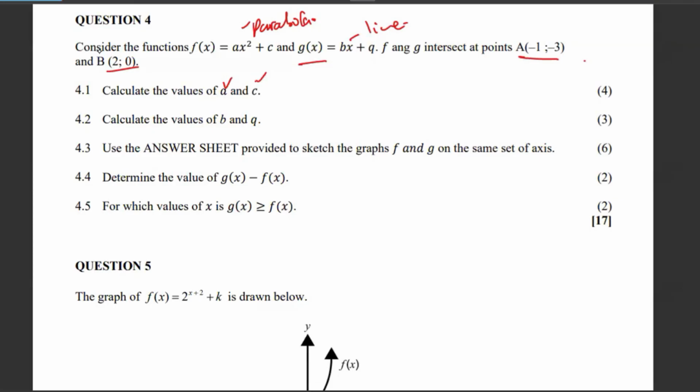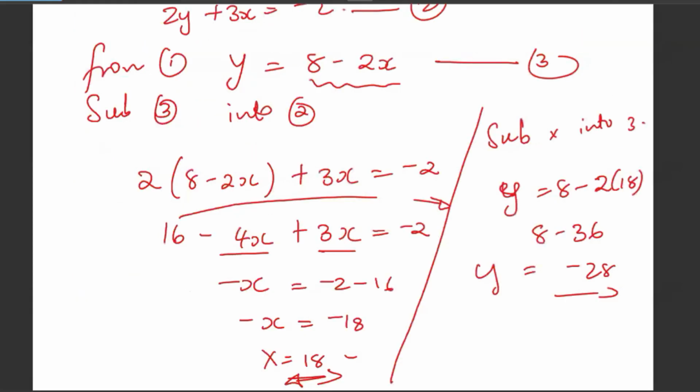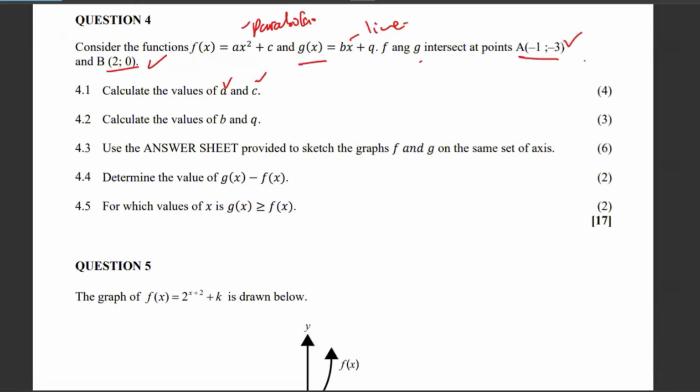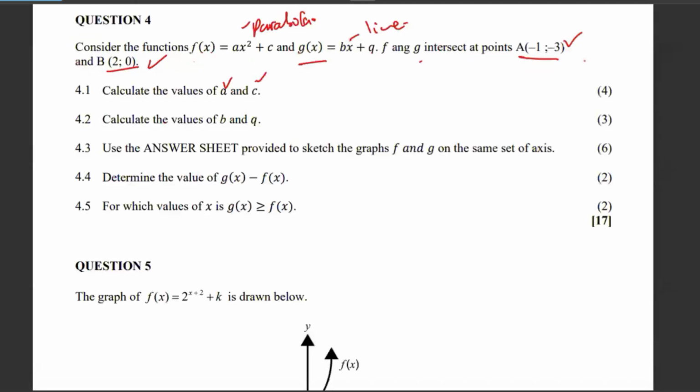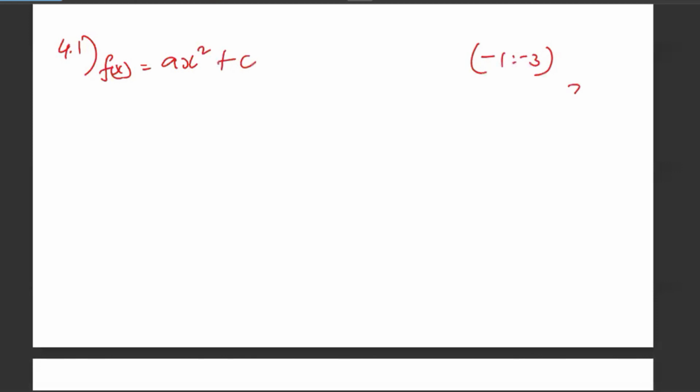So what we're going to do, we're going to use the 2 points, this point and that point. We are back to simultaneous equations. So we have ax squared plus c. Remember this is our f of x. But which points are we using? (-1, -3), and then we also have (2, 0).